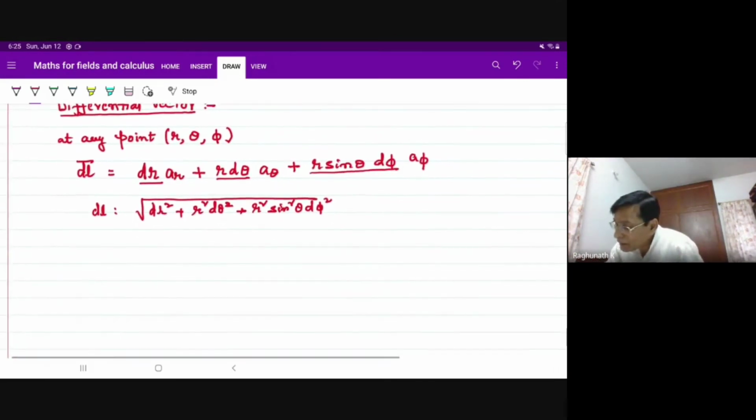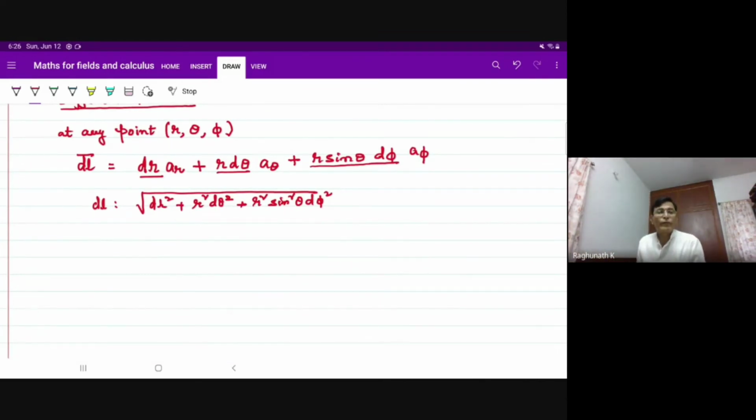Please check it, dl r bar is what? On the sphere of constant radius r, I cannot change r.